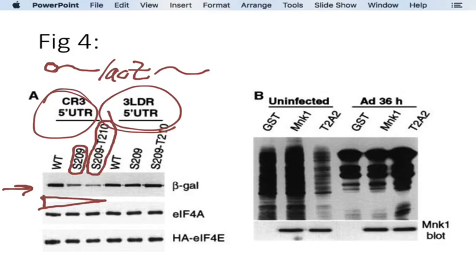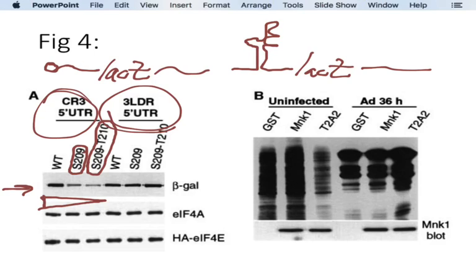And the example on the right, the tripartite leader they refer to, has this elegant structure that looks like a cactus apparently, and they put LacZ downstream. And what happens to translation of this? Doesn't change, unaffected.